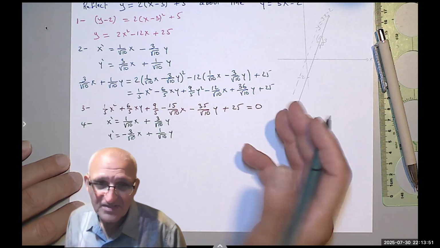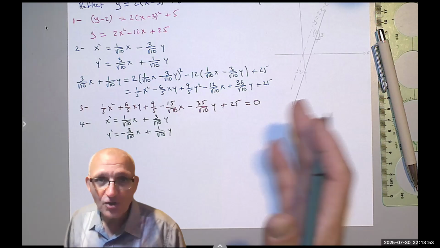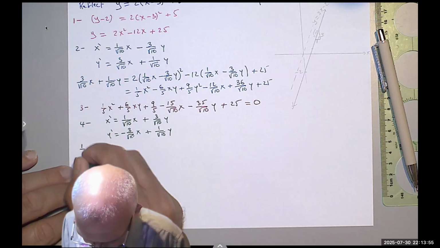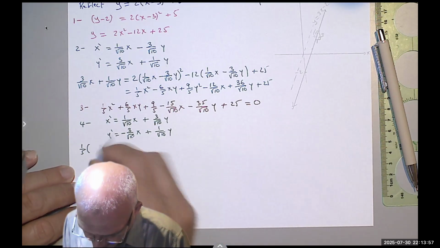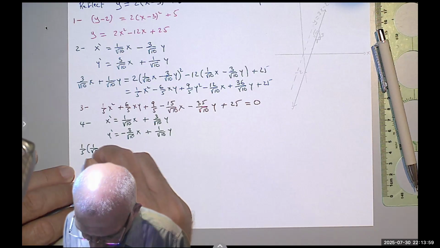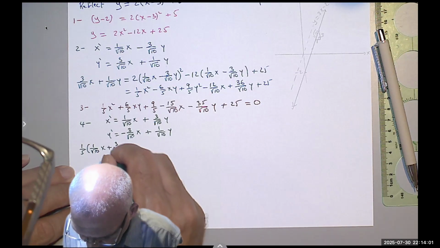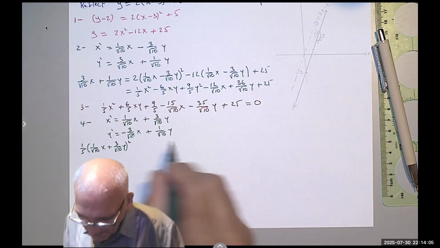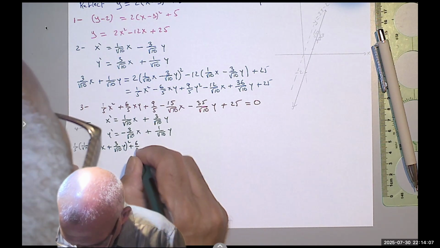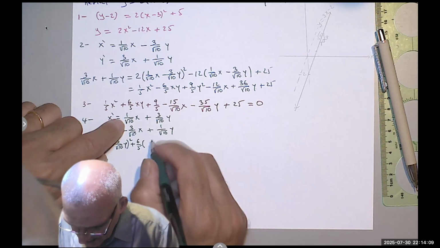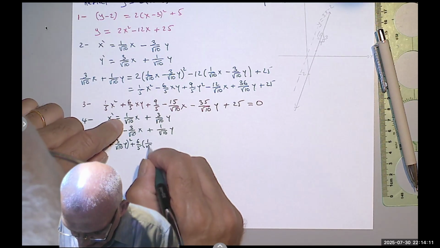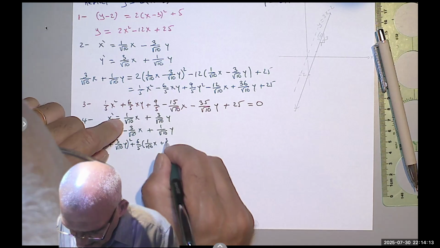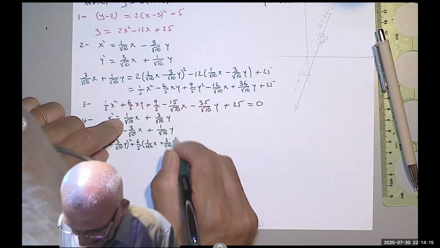This is the toughest step, really, the longest one. I have 1/5, and then the x squared becomes (1 over root 10 x plus 3 over root 10 y) squared, plus 6/5 times x times y.